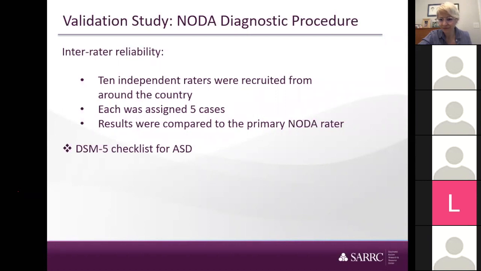And each one of those raters was assigned 5 cases, a mix between the families seeking an evaluation and the families of typically developing children. And the results were compared to the primary rater, really based on the DSM-5 checklist. No information was shared, or we didn't do any kind of determination about the number of tags and which tags. Like I said before, that's really less important and very much aligned with each individual rater's clinical judgment.